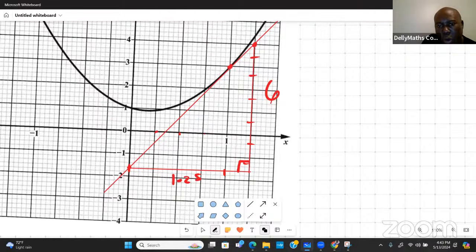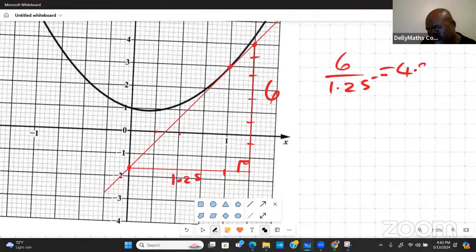So my slope is 6 divided by 1.25, which gives exactly 4.8, approximately 5.